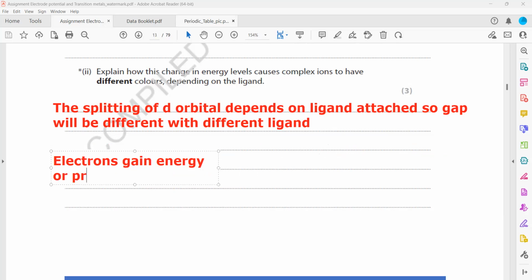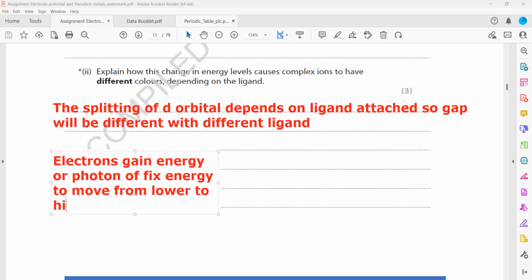Or you can say a photon, or fixed energy, to move from the lower to the higher level. Then the color which we see is due to the remaining frequencies.